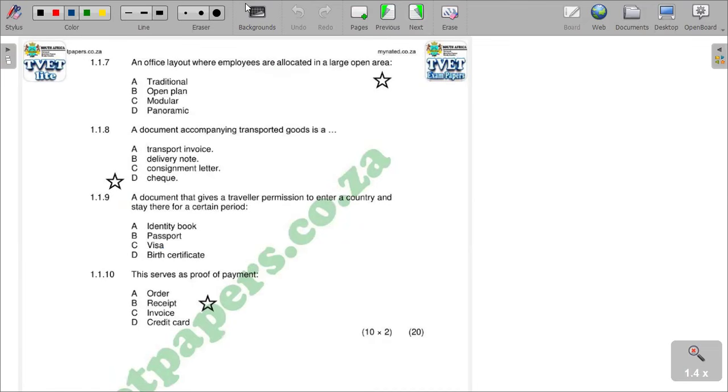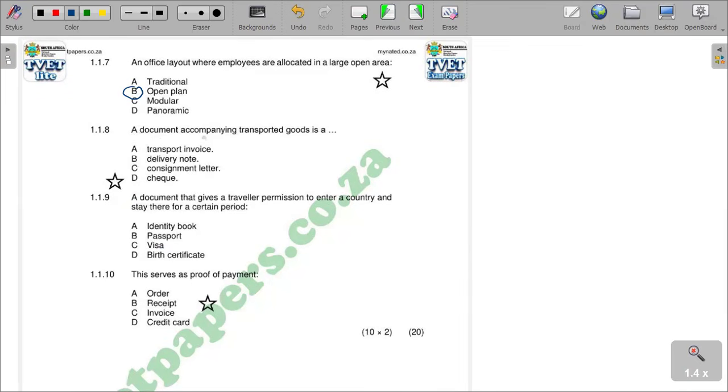An office layout where employees are allocated in a large open area. That's what you call an open plan layout. Right, let's go to 1.18.